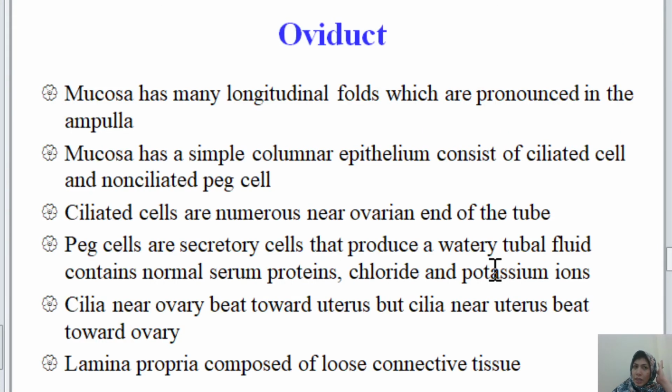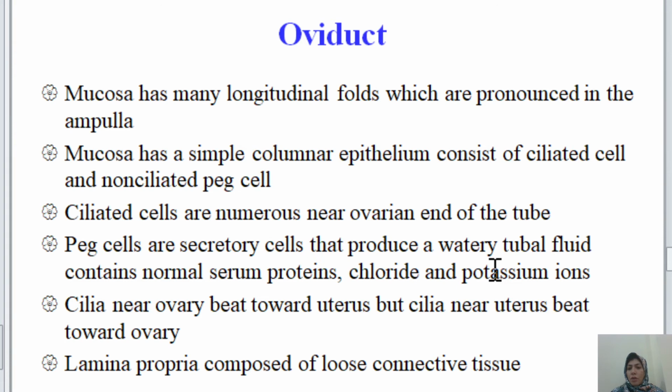The oviduct has 3 layers: mucosa, muscularis, and serosa or adventitia. The mucosa has many longitudinal folds which are pronounced in the ampulla, and it also has a simple columnar epithelium that consists of ciliated cells and non-ciliated cells.